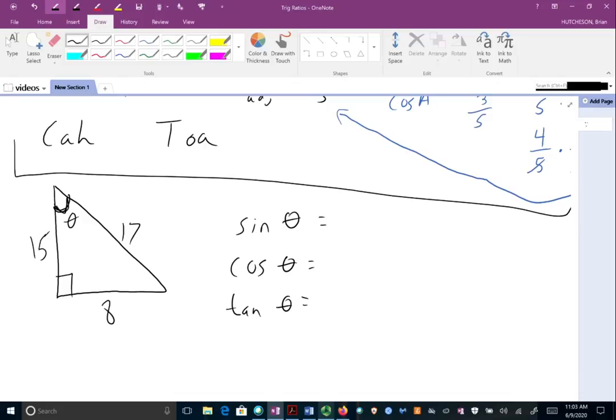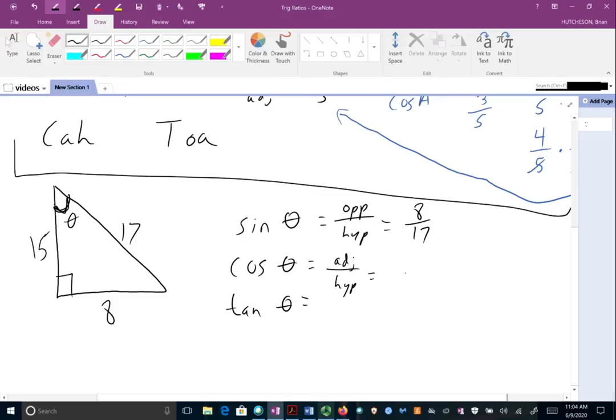So sine of theta is SOH, which means the opposite over the hypotenuse. Well, the opposite of theta is 8, and my hypotenuse is 17. Cosine is my CAH, it's my adjacent over the hypotenuse.